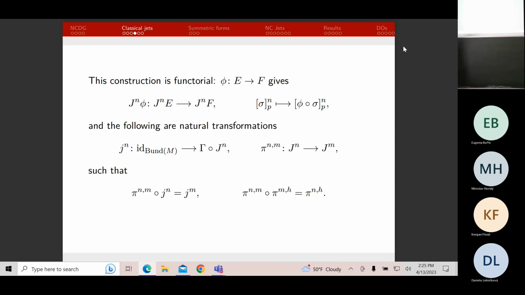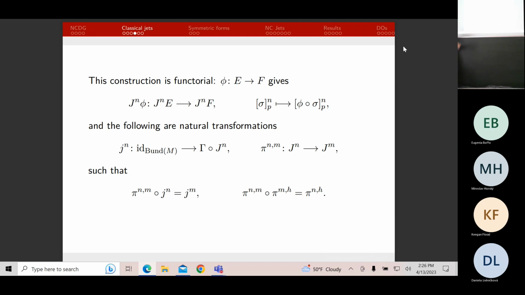Yeah, okay. So it turns out that the operation of taking the jet bundle is functorial. It's functorial in the natural way. And the two families of maps I described, prolongation and projection, turn out to be natural transformations. Not only that, but, and here's the answer to your question, these are the relations between them. What do they mean?